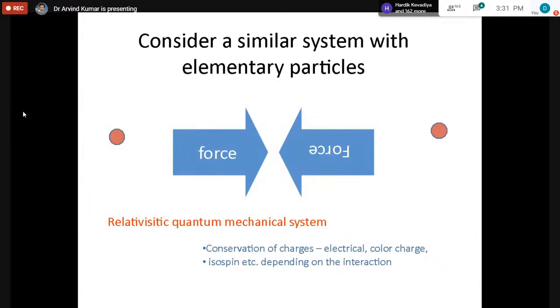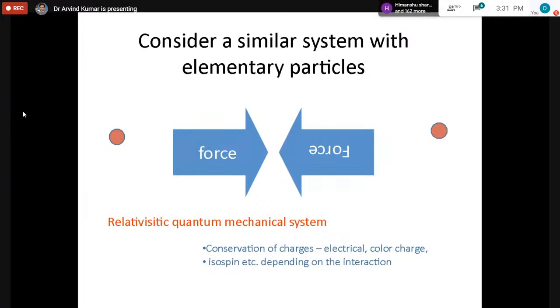Now we come back to the question I asked you. Suppose I take two protons, or two quarks, or two electrons. There will be a force between the two particles.